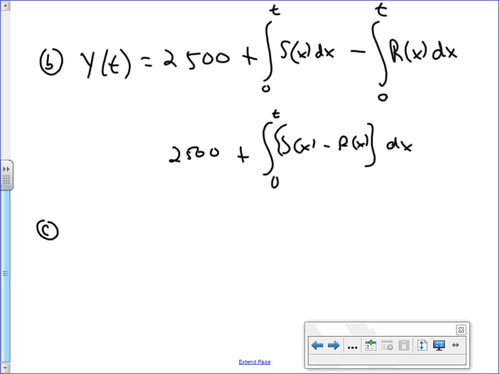Find the rate at which the total amount of sand is changing at T equals 4. That's right. Y prime. The rate at which the total amount of tonnage changes. That's okay, y prime isn't hard. Okay, because what's the derivative of 2,500? Yeah.